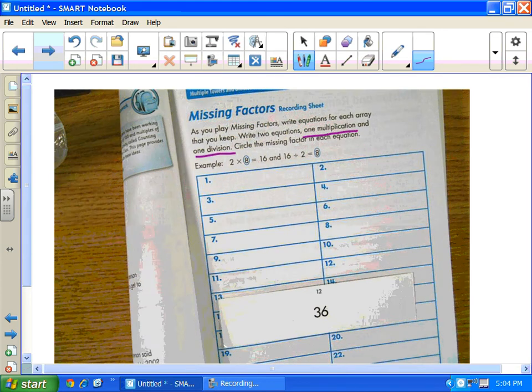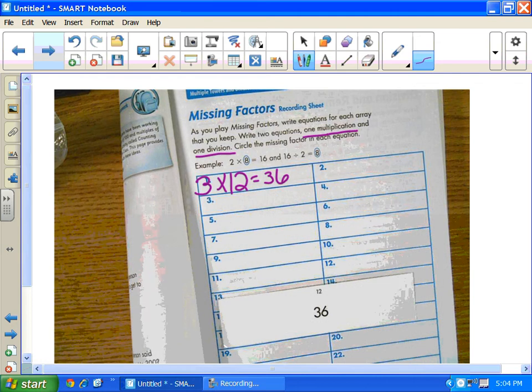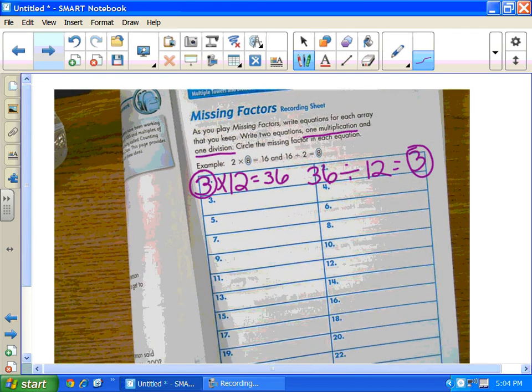For this example, which is the product of 36, I can say from my multiplication that 3 times 12 is equal to 36, but stated as a division, I know that 36 divided by the given factor, 12, is 3. In both cases, 3 was my missing factor. Then I get to keep the card in my stack.